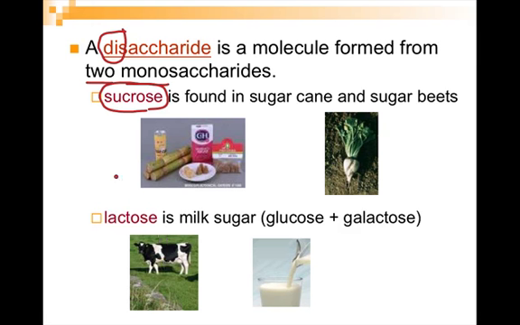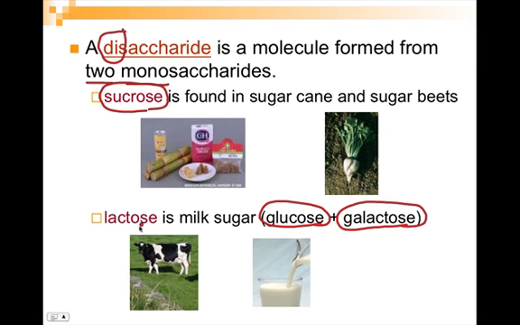Lactose is milk sugar, and that is a combination of glucose and galactose. You may have heard of people that are lactose intolerant.